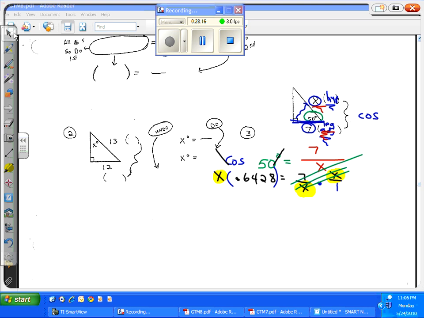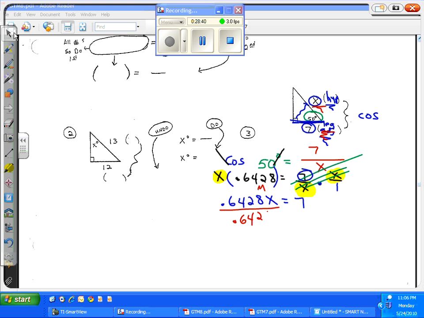My x's cancel there. My 7's still there. So we're going to have 0.6428x is equal to 7. Undo multiplication by division.